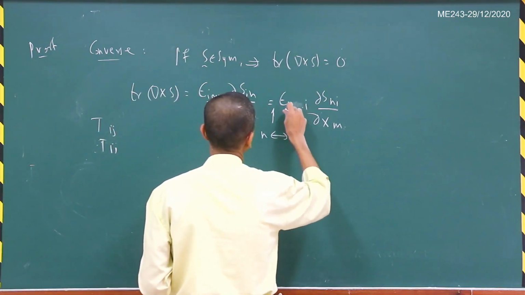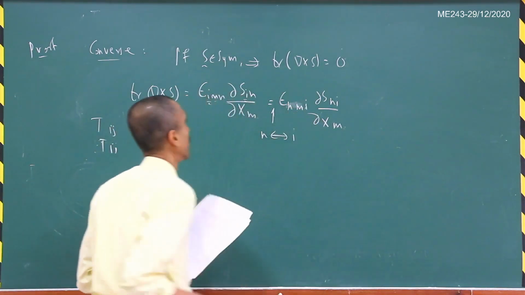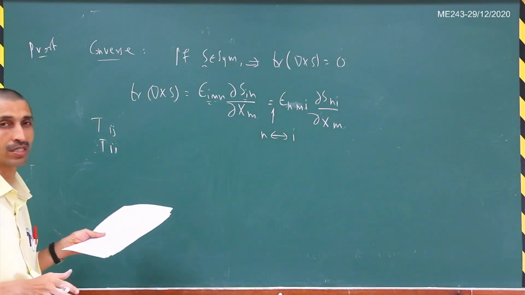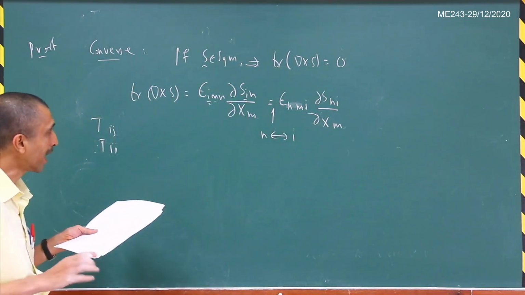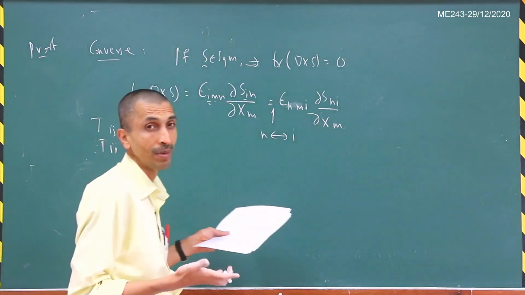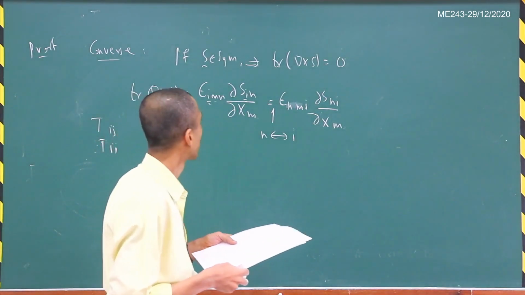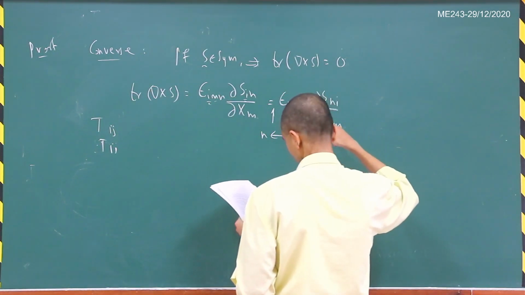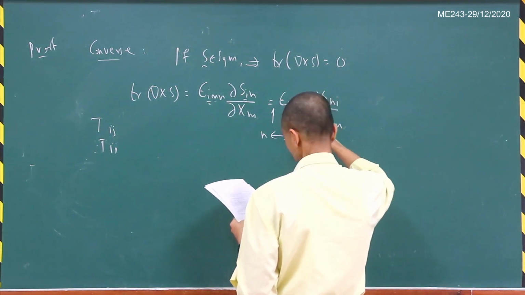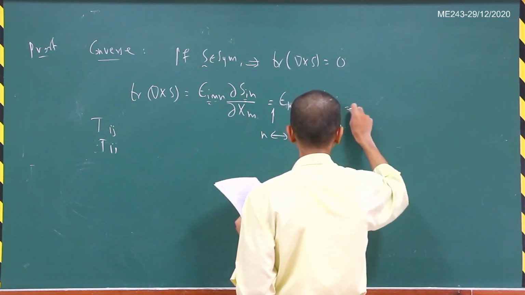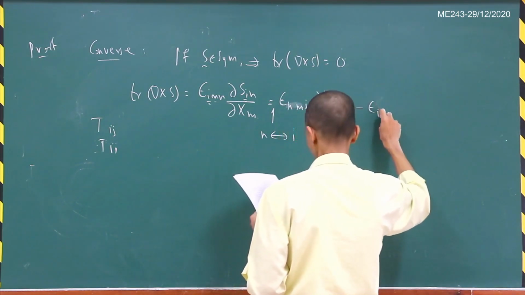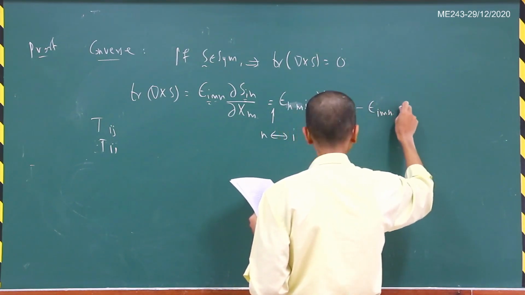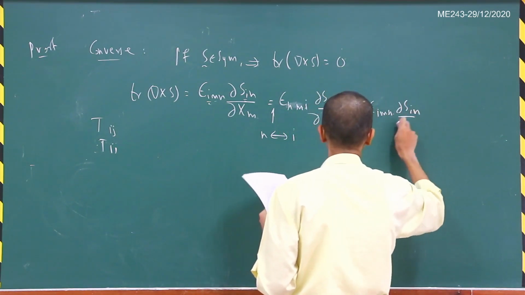This should have been nmi. So I've just simply interchanged the indices n and i, and then because they are dummy indices, I can do that. And then now use the fact that epsilon_nmi is minus of epsilon_imn. So it is minus epsilon_imn ∂S_in/∂x_n.